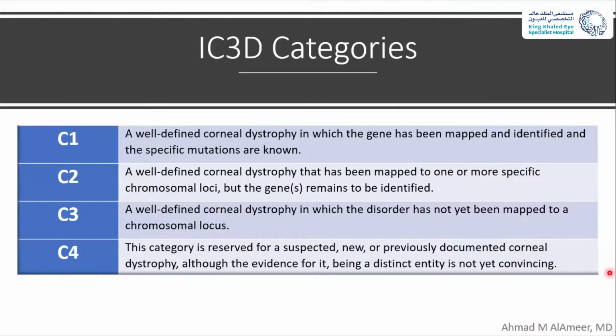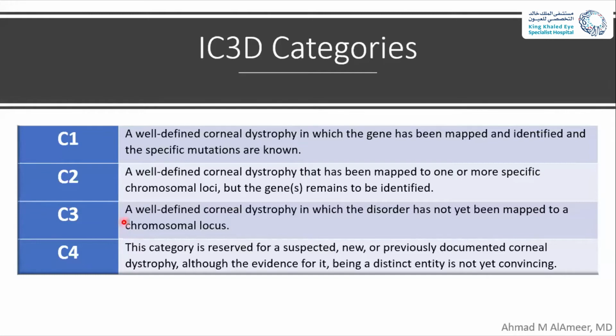They categorized dystrophies into 4 groups based on the level of evidence supporting the existence of a given corneal dystrophy. C1 or category 1 being the strongest, which is a well-defined corneal dystrophy. The gene has been mapped and the specific mutations are known. In C2 or category 2, the gene remains to be identified.